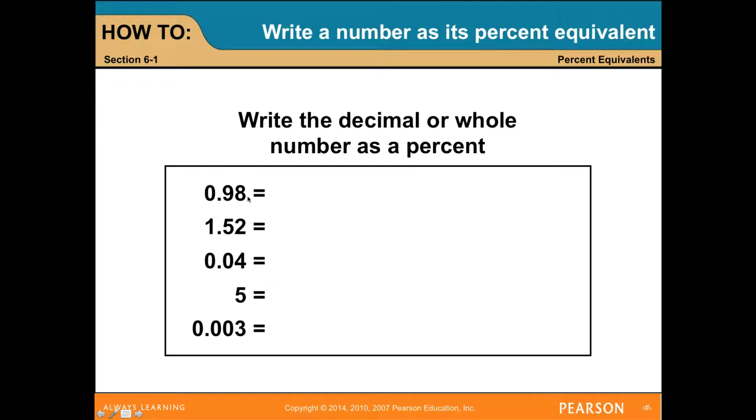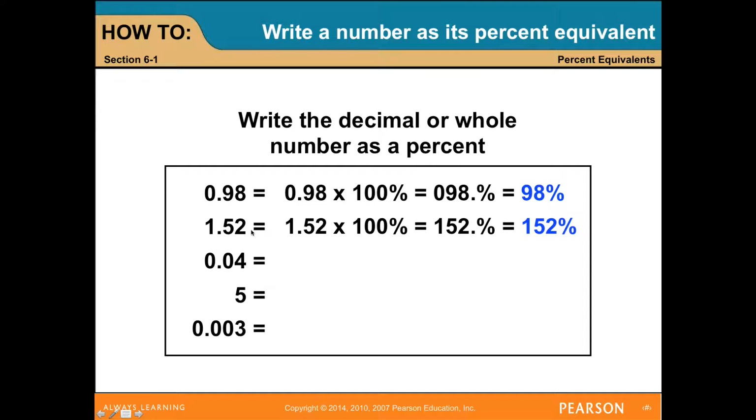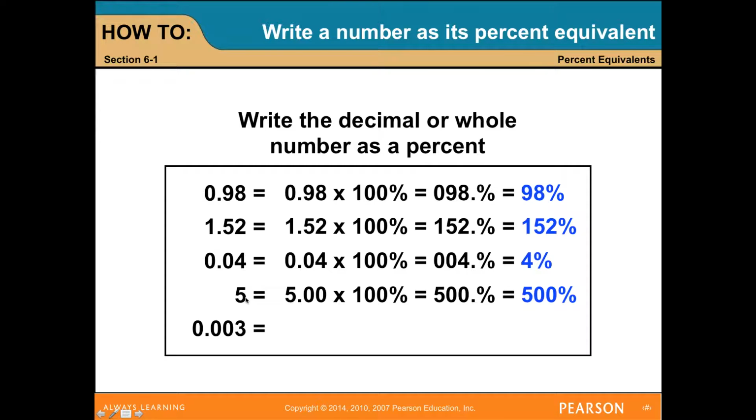So 0.98 turns into 98%. 1.52, 2 units over to the right, 152%. 0.4, you take the decimal, move it 2 spaces over, and that'll give you 40%. 5 is 500%, because you want to pretend like there's a decimal here.